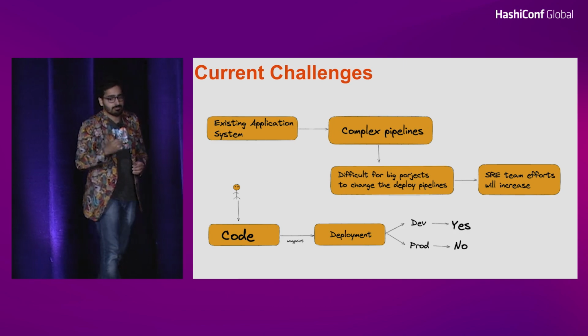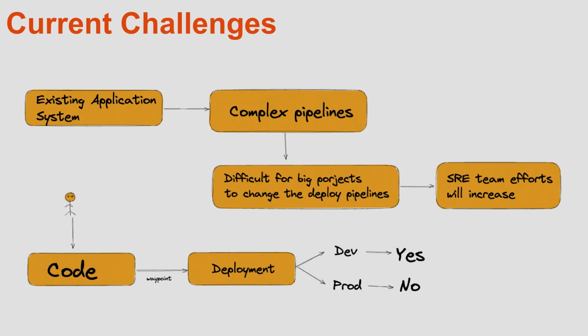Next one, which I was telling, the existing ecosystem. For a new project, it is very much recommended that you follow any of the above scenarios and you can create your Waypoint file and you will be able to deploy your application. But in the existing applications that the enterprises have, they have written complex pipelines.